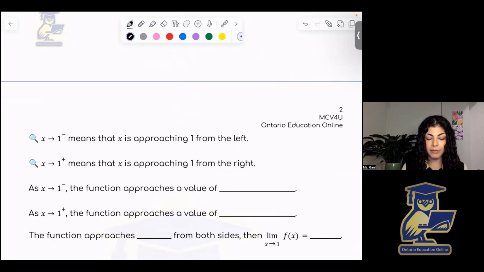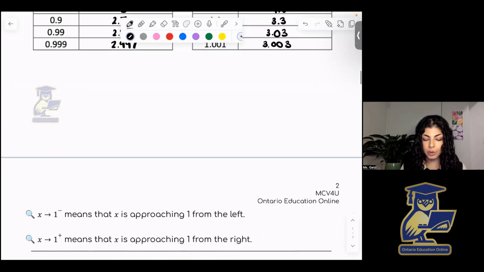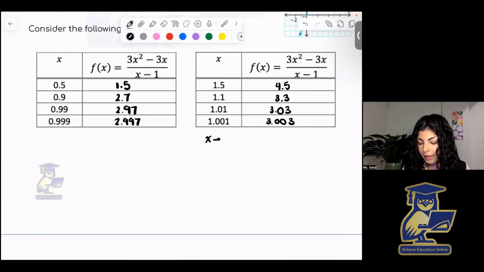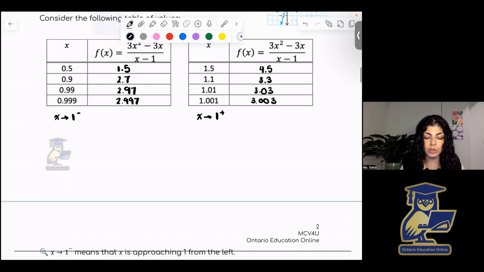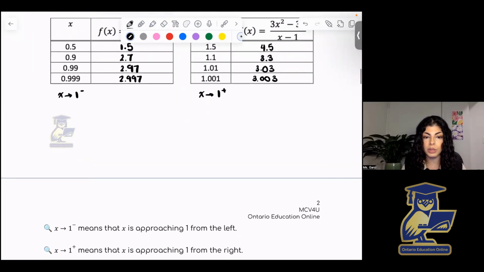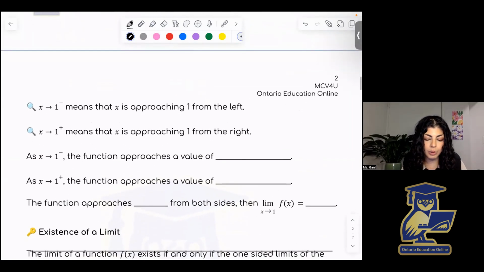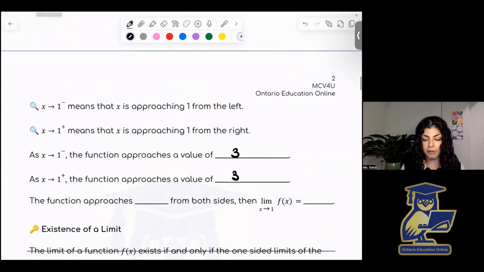Thinking of the two tables of values, here we have x approaching 1 from the right because we're starting from a bigger number and decreasing to 1. And here we have x approaching 1 from the left-hand side because we're starting with a smaller value and increasing towards 1. So in both cases, as x approaches 1 from the left-hand side or the right-hand side, we are approaching a value of 3.